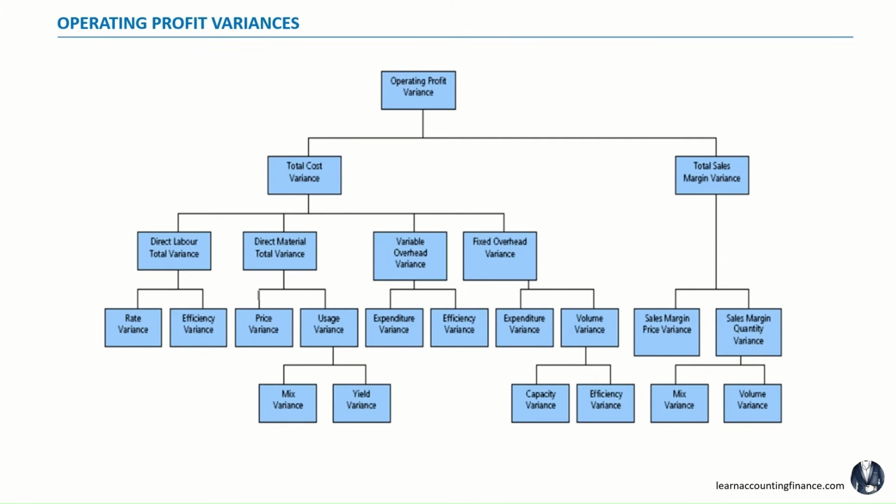So far, we have dealt with the sales margin price variance and the total cost variance. But we've not fully dealt with the total cost variance because in this hierarchy of variances, we know that selling and advertising and general admin are usually considered fixed expenses. Maybe a little bit of variable overhead variance is involved as well. But we dealt with the cost at gross profit level.